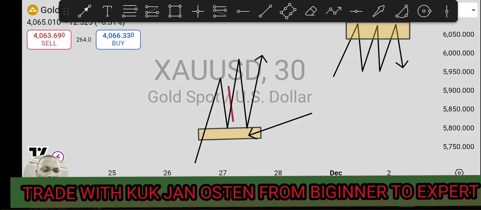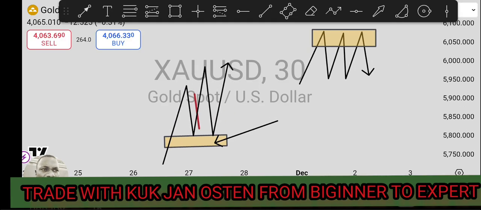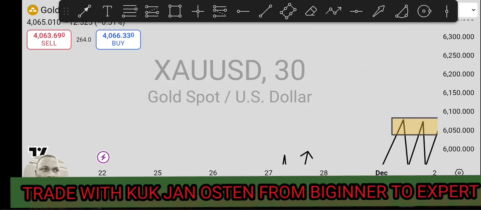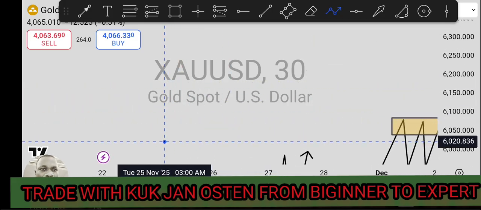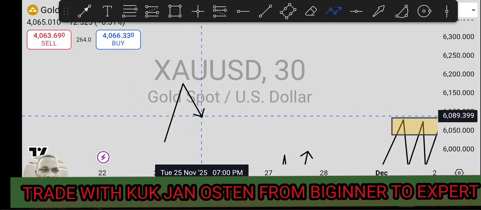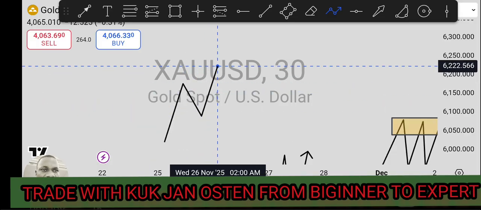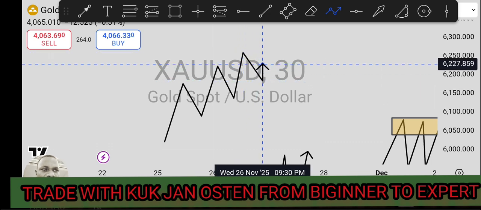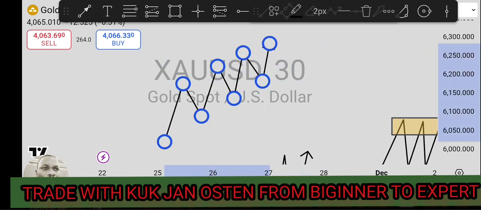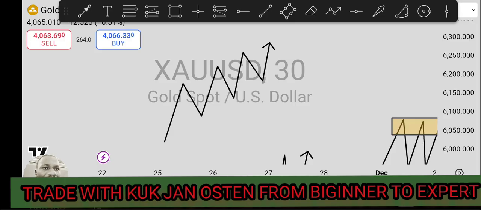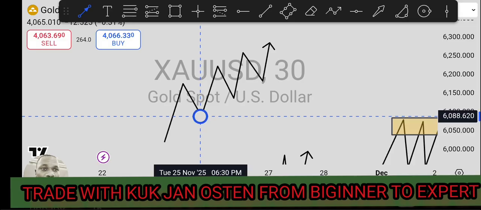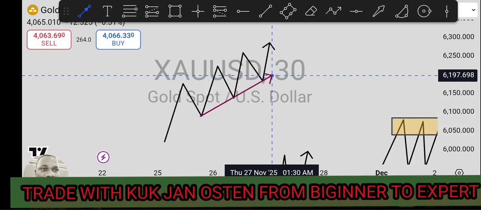Sometimes we also identify trend line liquidity. How does trend line liquidity look? Since our trend line is moving like this, through this point, this point, this point, trend line liquidity means that we are identifying some equal highs or equal lows along it.